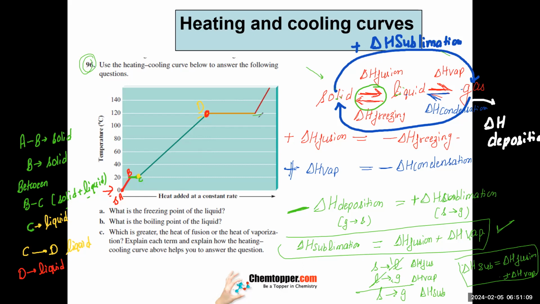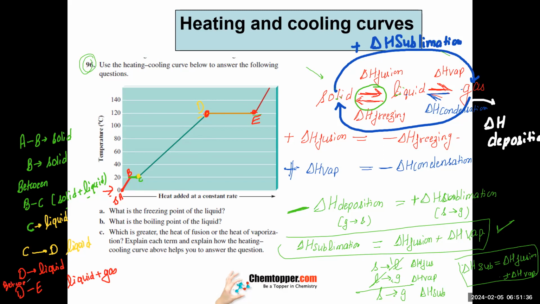Between D to E, between these 2 points, what is the state? Both. Yes, Dhruv. Very good. Oh, sorry, there is no solid, right? Liquid and gas, between D to E, right on the top.